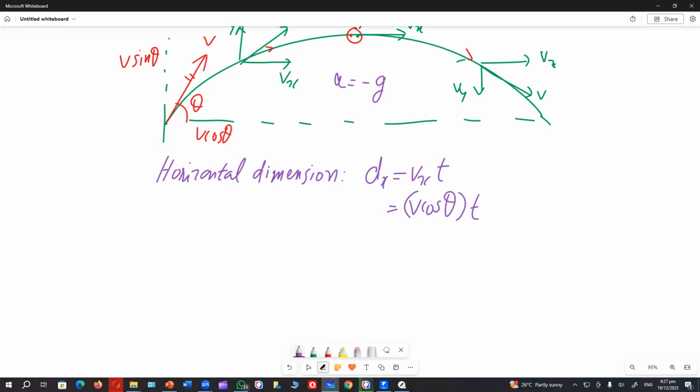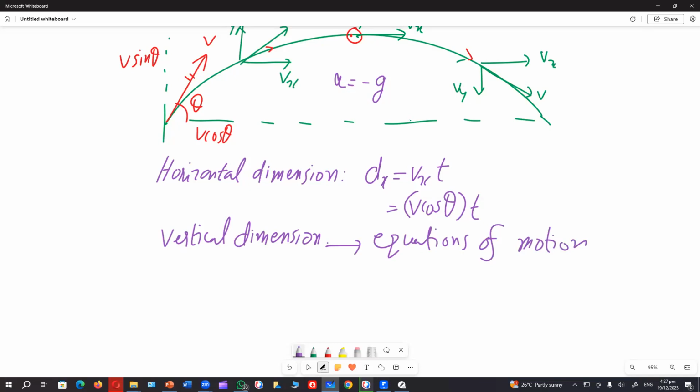While for vertical dimension, the upward and downward motion, you can use all the equations of motion which we have discussed in the previous slide. So these are called the two dimensions in a projectile motion.